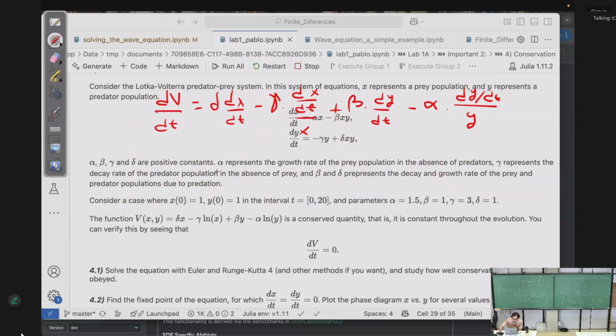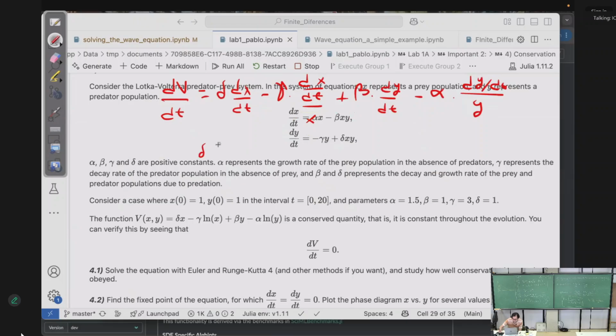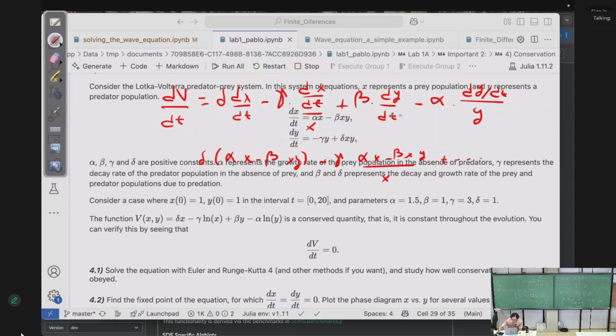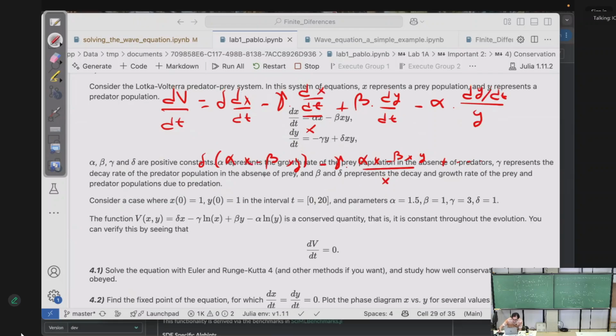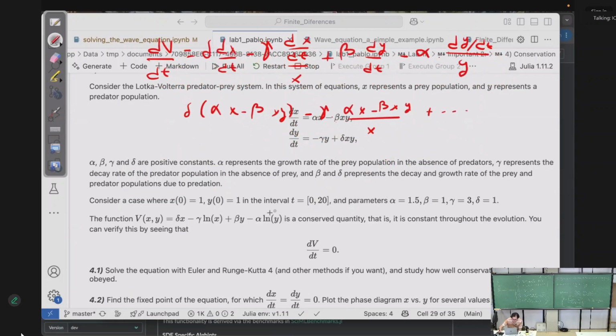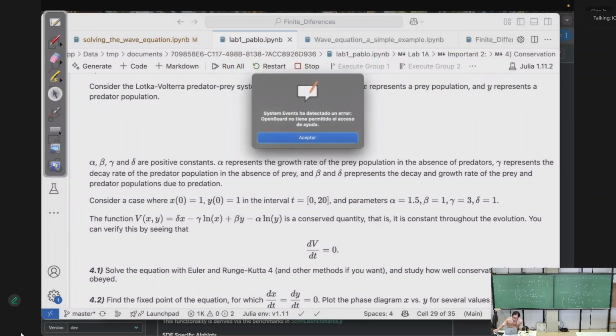So dx over dt will be alpha x minus beta xy, and dx over dt over x will be alpha x minus beta xy over x, and so on and so forth. So when you do all this calculation, we can start crossing out terms and we will get that this quantity will have to be constant over time, okay?